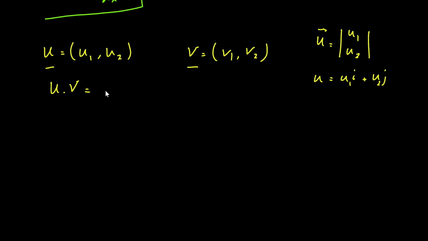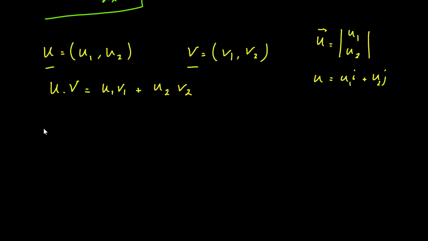But for now, let's say these are the two vectors that we have and we want to do the dot product. The result of the dot product is going to be a number. It's not going to give us another vector. In the dot product, the corresponding terms multiply by each other and they give us a value. So it's going to be u1 v1 plus u2 v2, and that's how we get the dot product.